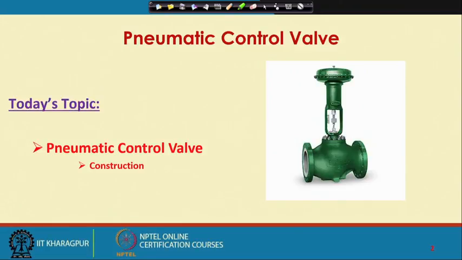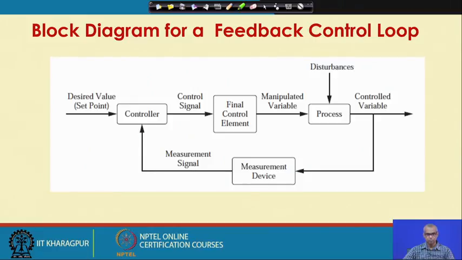So, today we will focus on the construction of the pneumatic control valve. What you see is an image of a pneumatic control valve. So, this is a block diagram for a general feedback control loop. So, you have the process which you want to control.